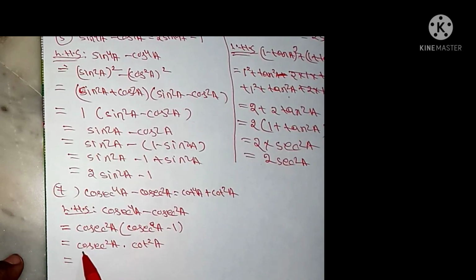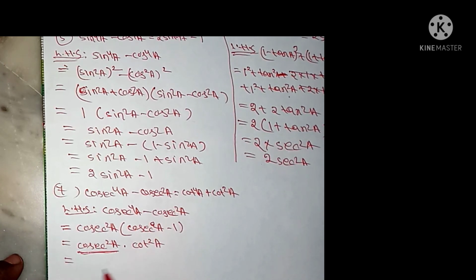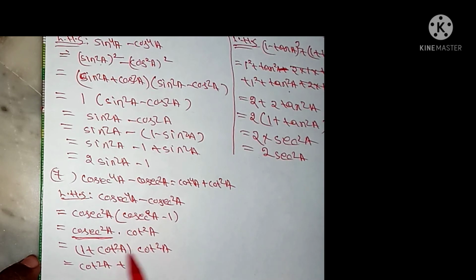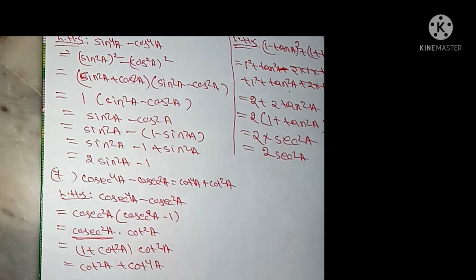Now change this one, cosec square a, which is equal to 1 plus cot square a, into cot square a. Now multiply 1 into cot square a plus cot square a into cot square a, cot 4th a, which is equal to the RHS.